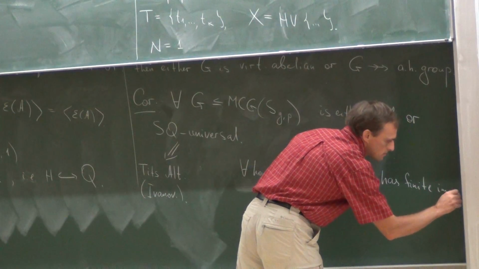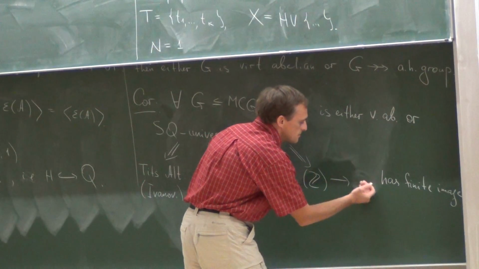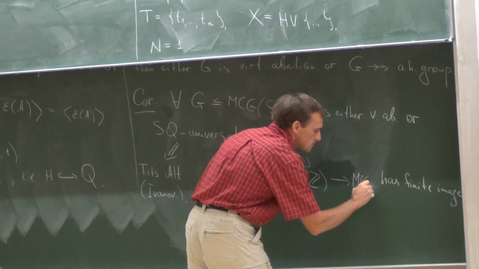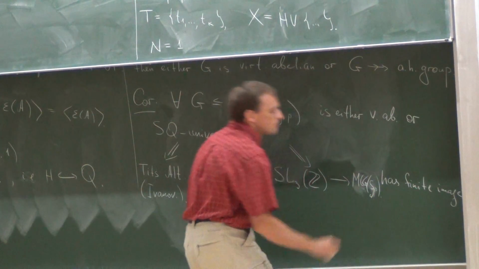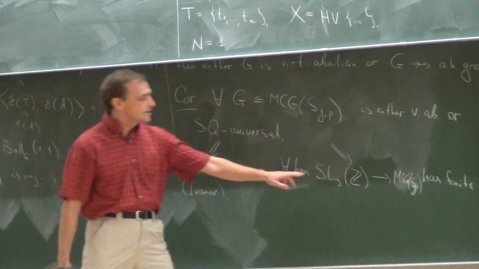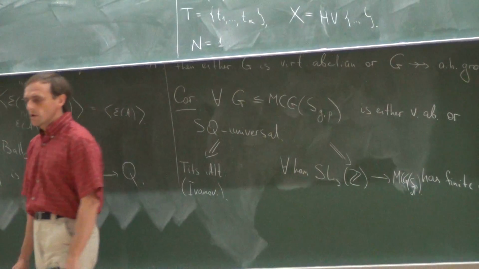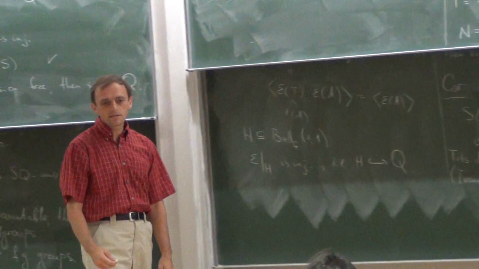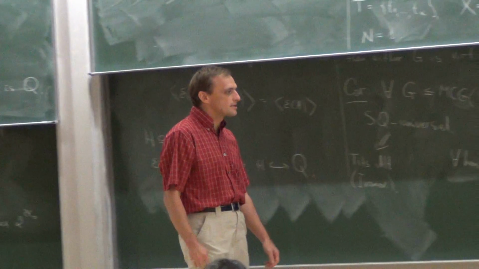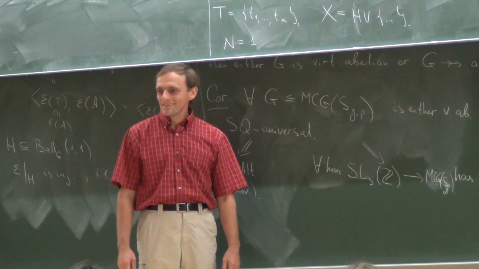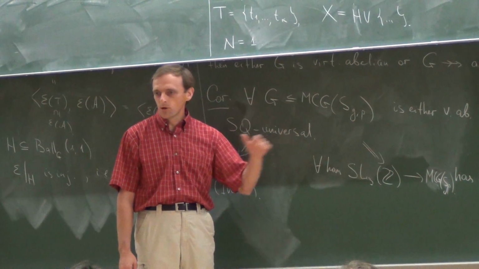You can replace SL3Z by any irreducible lattice in a connected semisimple Lie group with finite center. SL3Z is my abbreviation for that. Okay? So that's the class of lattices to which Margulis theorem applies.